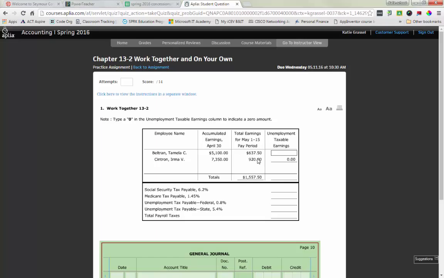But in this example, if I take $637.50 plus $5,100, am I over $7,000? No. So what am I going to base my taxes off? I'm going to base it off of $637.50. This amount right there. That's how much she earned this pay period. This is how much I have to pay taxes on for her for unemployment.